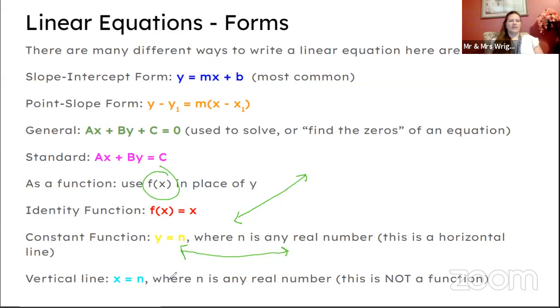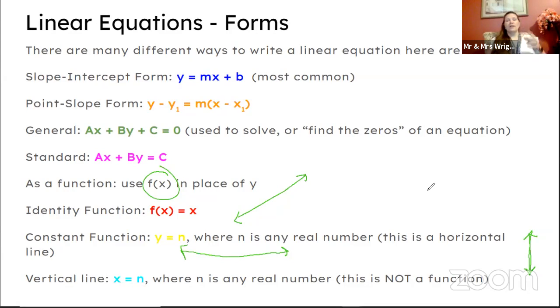A vertical line is where x equals n, where n is any real number, and this is going to be a vertical line. Now, this one is an equation because it has an equal sign, but it is not a function because it does not pass the vertical line test or the definition of a function.